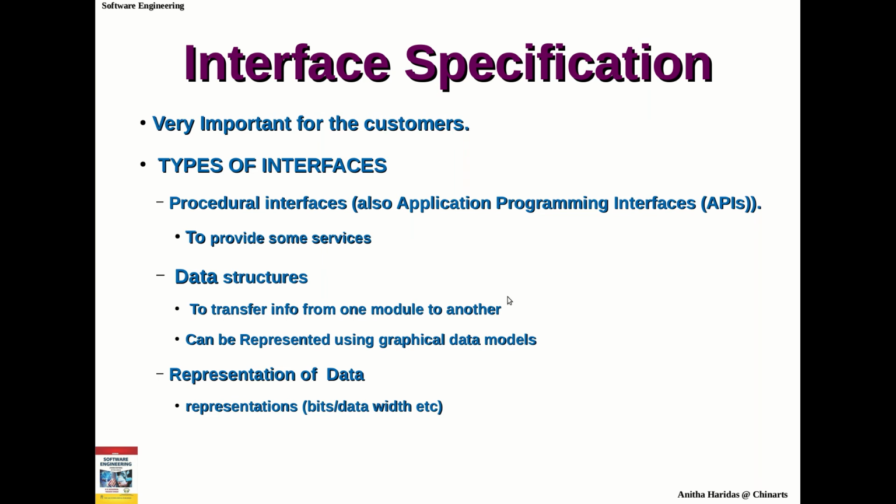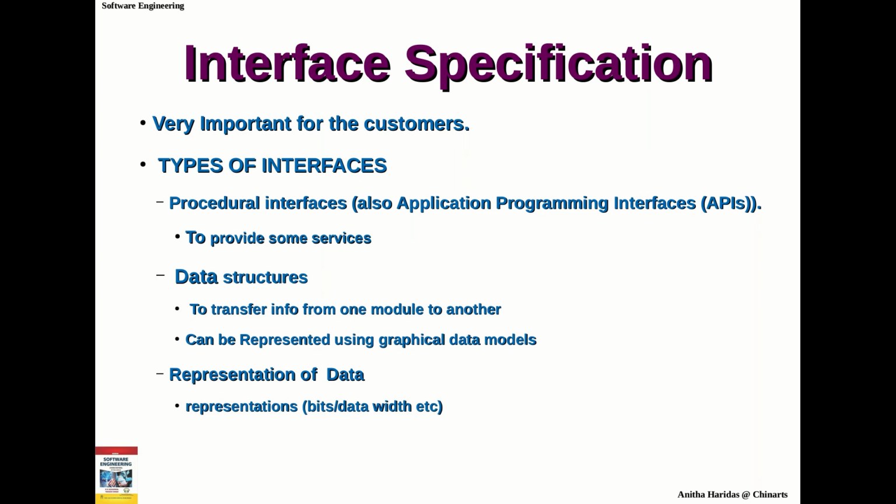Then obviously, since we are doing the digitalization of the entire process, what kind of representation are you going to have, whether 32-bit data or 64-bit data, what can be the data width for your processing, what can be the bandwidth for the network facility. All those things can be specified as interface specification in your software requirement specification document.